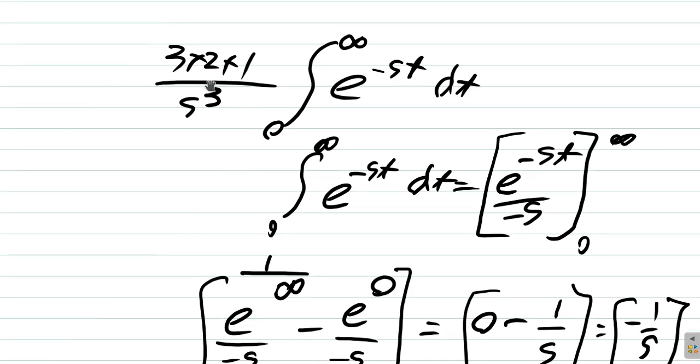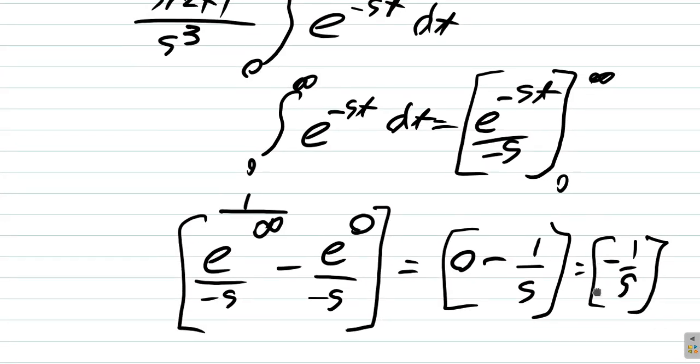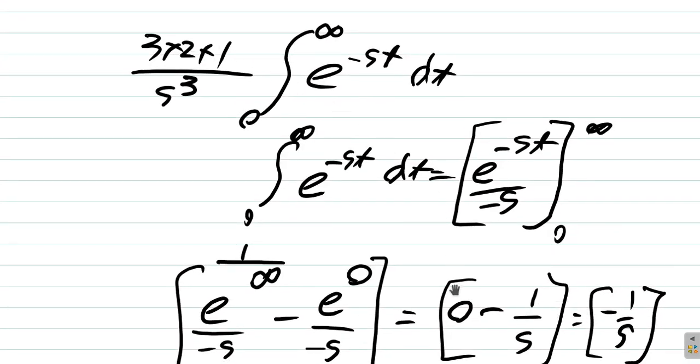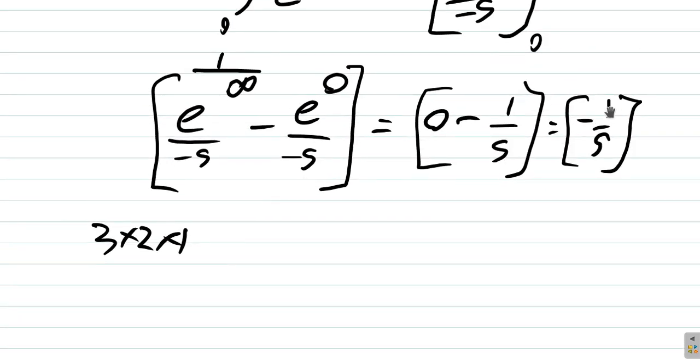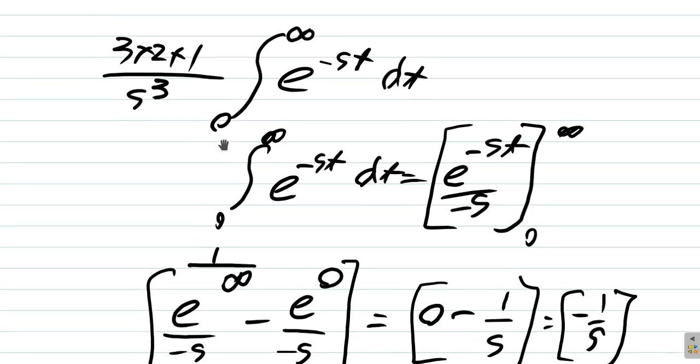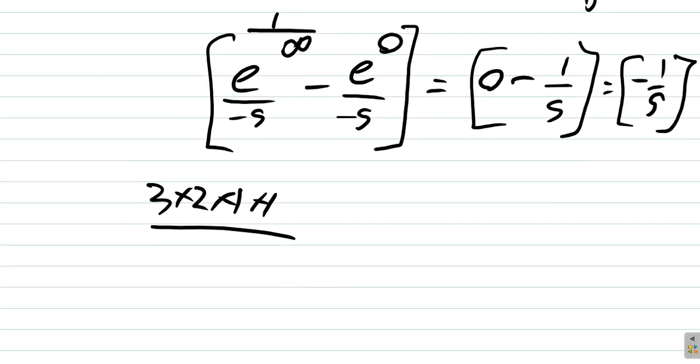Alright, so let's go back up here. This must multiply the negative 1 over s. So it's 3 times 2 times 1 times the 1 here, right? Over s cubed.